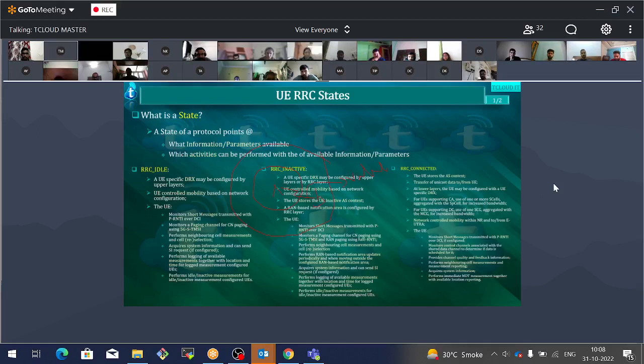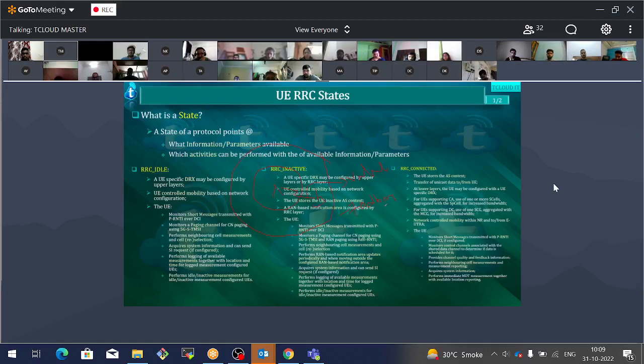For example, if the mobile equipment is getting a signal strength of minus 70 dBm, decibel milliwatt, which I will explain in some time, is this minus 70 dBm good or bad? The mobile doesn't know. That will depend on the cell size.